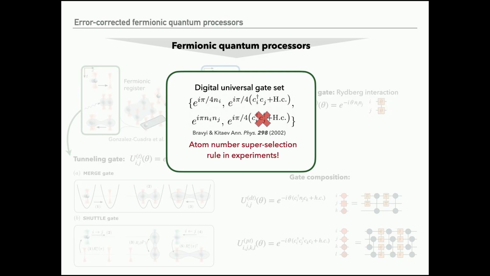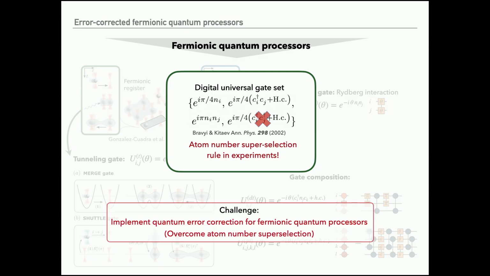And so that works. However, there's one question. Since we have these gates, and of course these gates will be noisy, how do we implement quantum error correction on top? It turns out that implementing quantum error correction, at least in a naive way, clashes with this constraint of having a finite total particle number in this system.